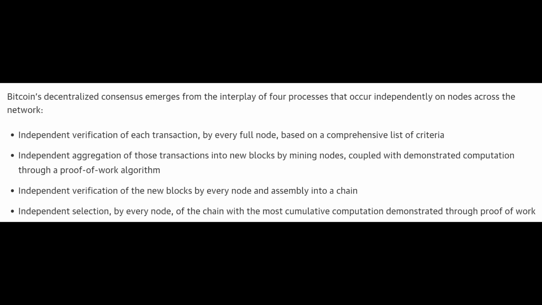And then lastly here, nodes are guided by the version of the blockchain that has the most cumulative computation done. So if there's ever a case where maybe two miners both solve the proof of work puzzle at almost the same time, and so you have these two versions of the truth.